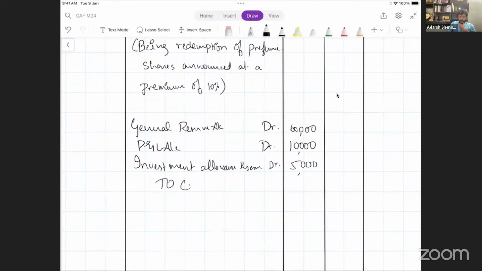To CRR account, capital redemption reserve account, ₹75,000.